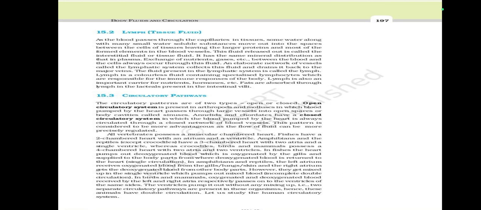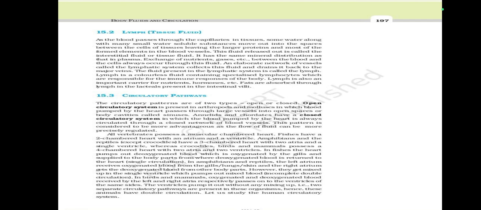This fluid released out is called the interstitial fluid or tissue fluid. It has the same mineral distribution as that in plasma.